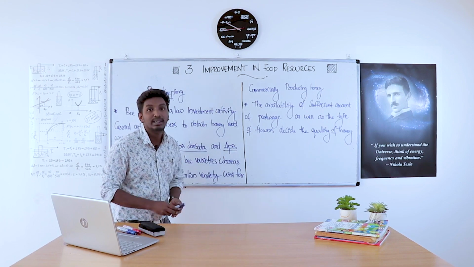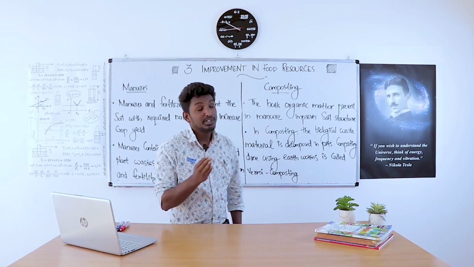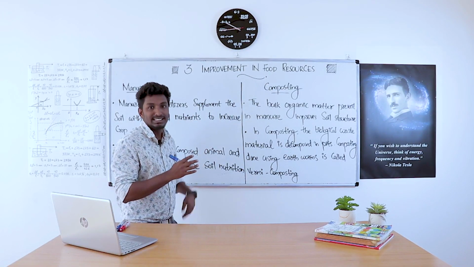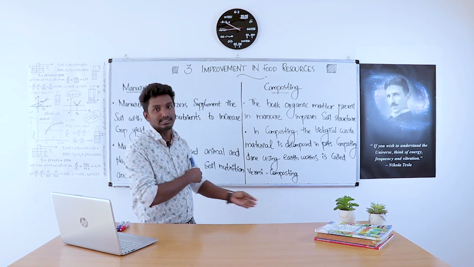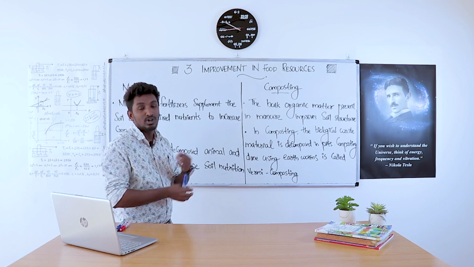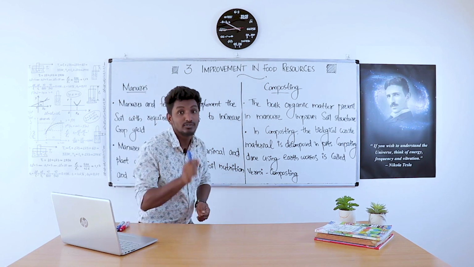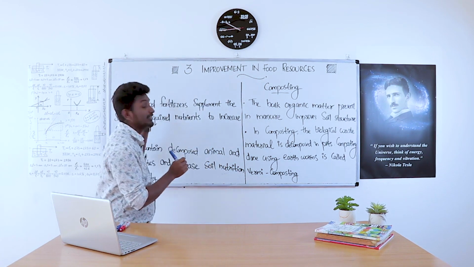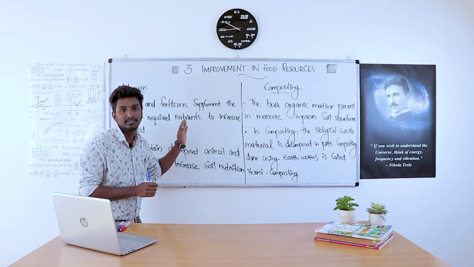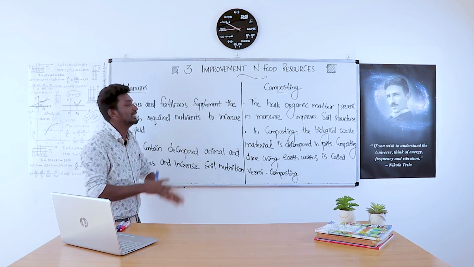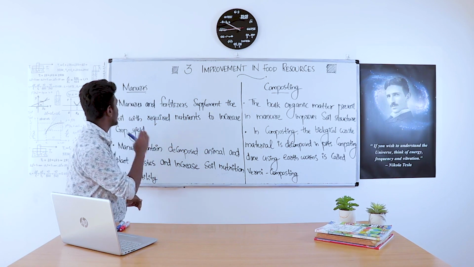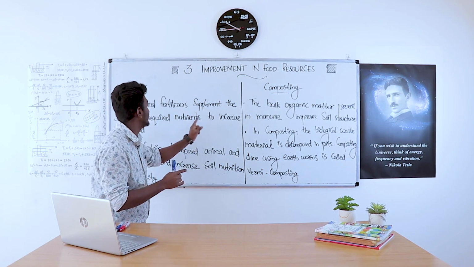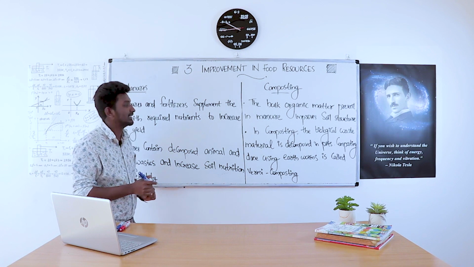That's all about beekeeping. Moving to our next topic, that is how we can improve the quality of crop yields. First, we can use manures for improving crop yield. Manures and fertilizers supplement the soil with required nutrients to increase crop yield.